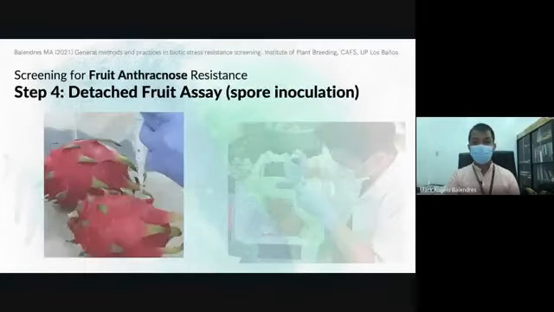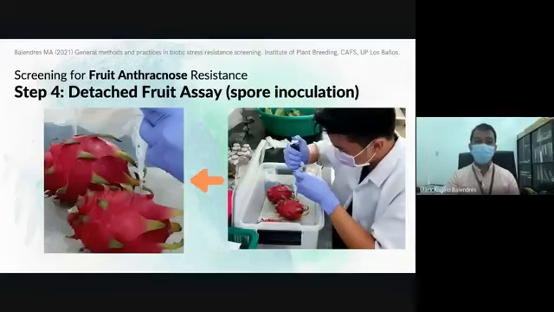So this is one of our research associates, Darby, and he's inoculating dragon fruit. You see here that there is a wounded and an unwounded part, which is in the top portion. He is inoculating the suspension onto the wounded area, and then incubating in an airtight Tupperware.